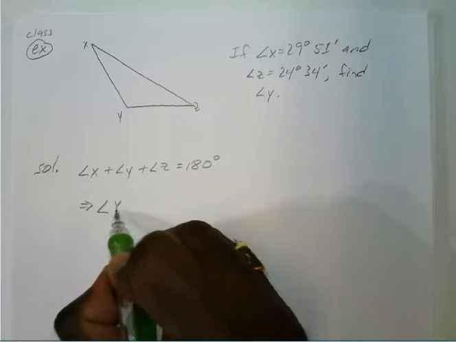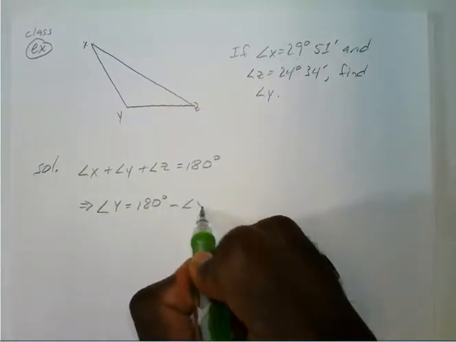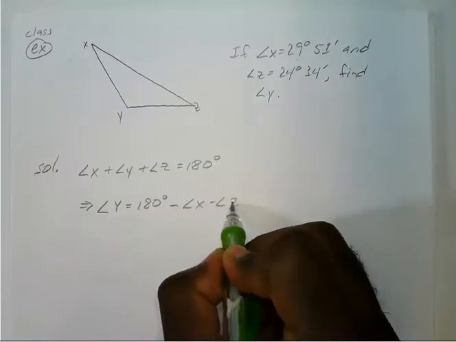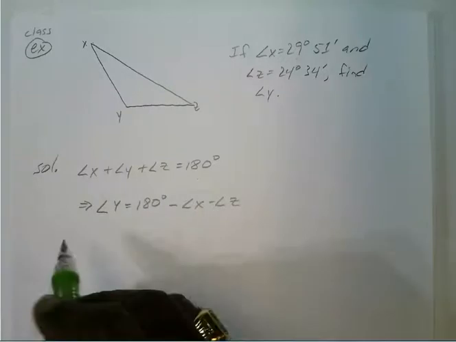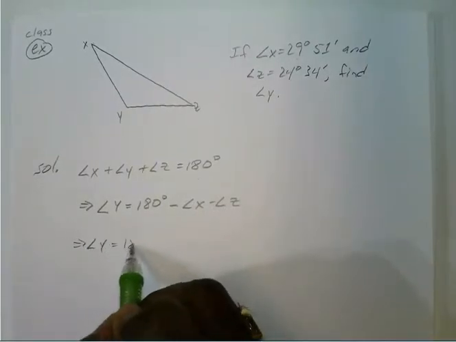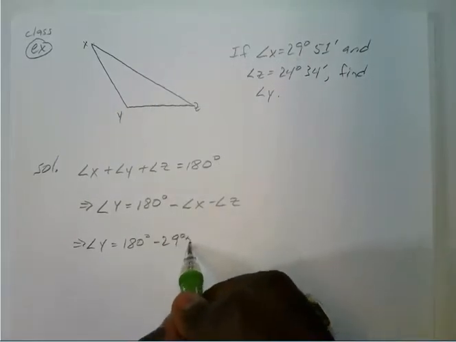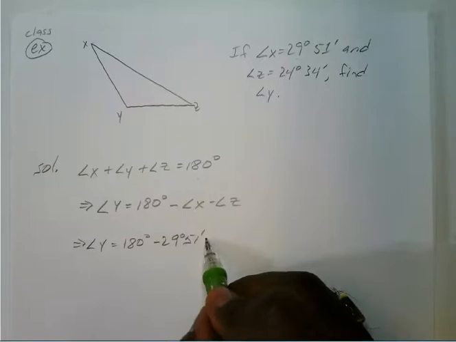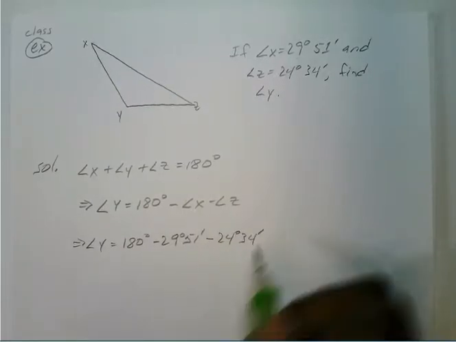So angle Y is equal to 180 degrees minus angle X minus angle Z. That means angle Y is equal to 180 degrees minus 29 degrees 51 minutes minus 24 degrees 34 minutes.